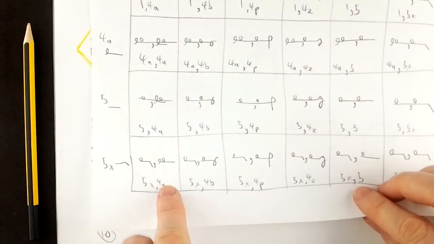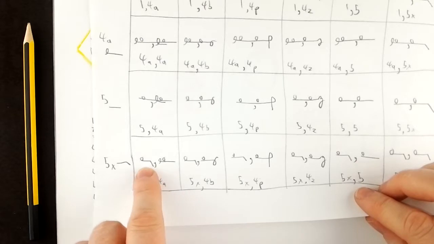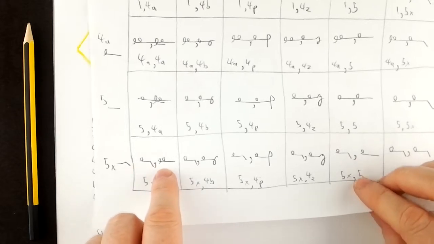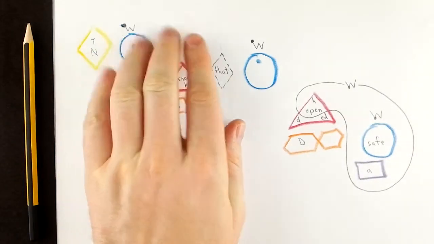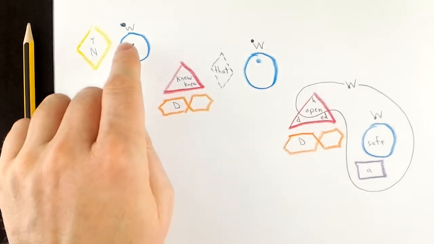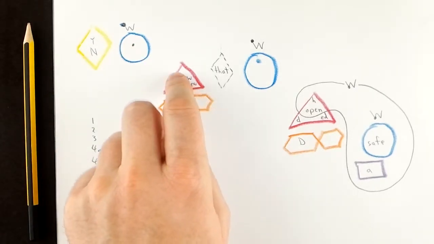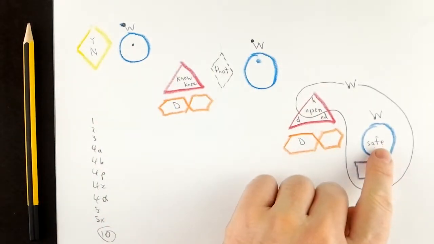You're almost done. You're doing great. Number 5X for A. They didn't know who opened a safe.